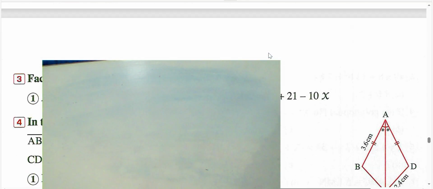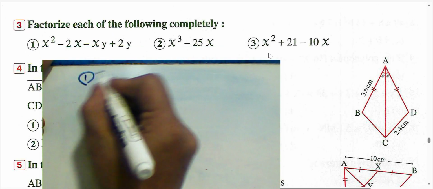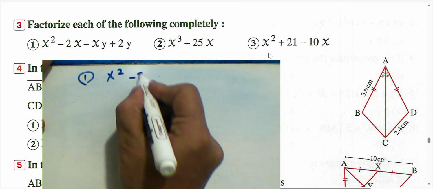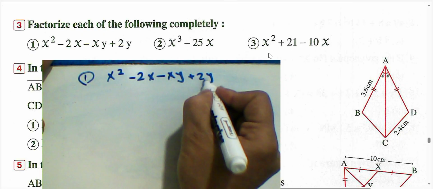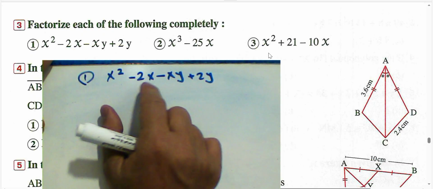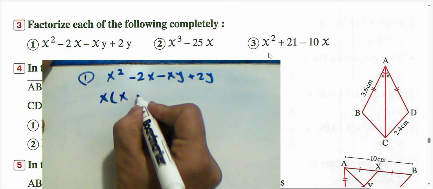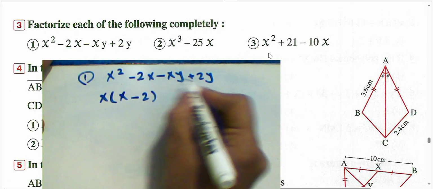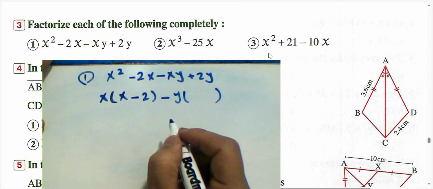Next question. Factorize each of the following completely. Number 1: x power 2 subtract 2x subtract xy plus 2y. We can write the common factor between two terms here, x. X power 2 divided by x equals x. 2x divided by x equals 2. And here you can write negative y as the common factor.